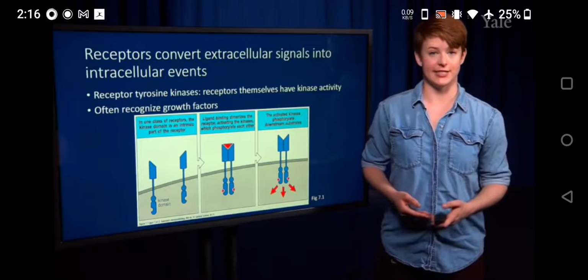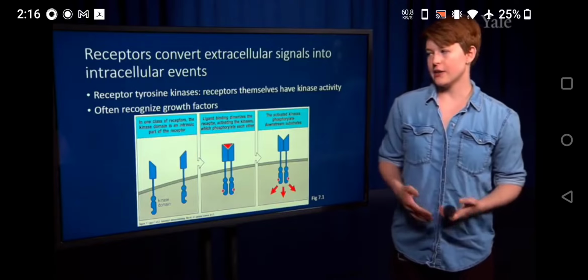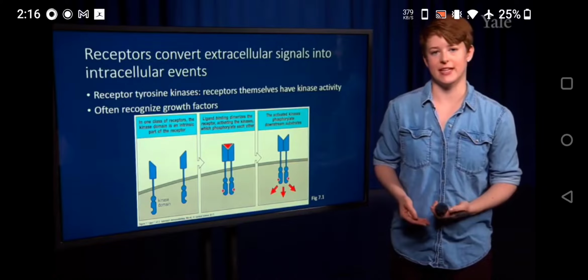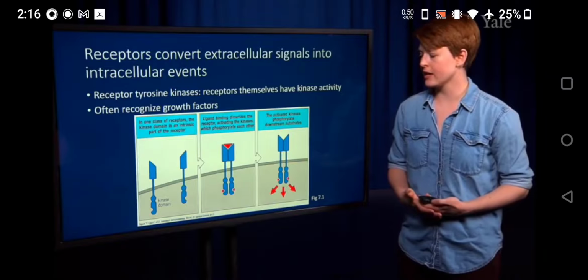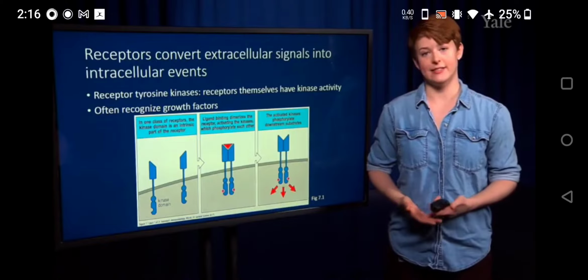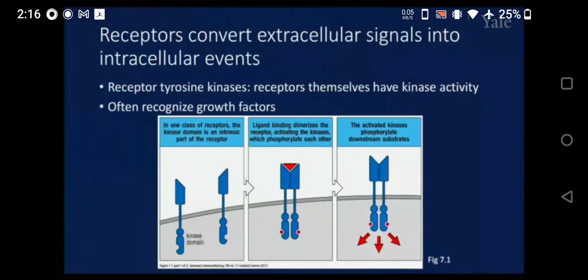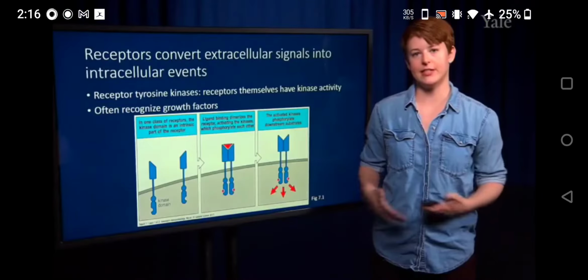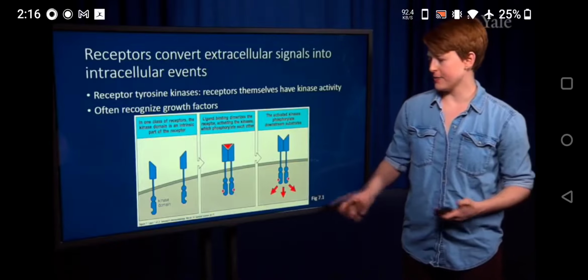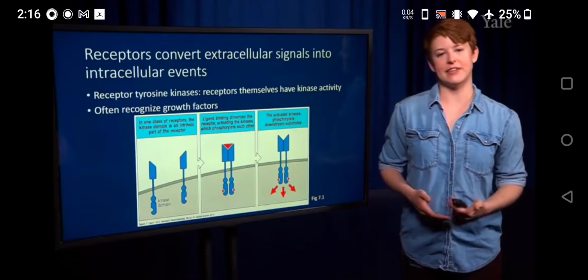A receptor tyrosine kinase is when you have both of these domains in the same protein. So here, when the ligand outside the cell binds to the receptor, this can cause dimerization. This dimerization then allows this kinase activity to occur. The activated kinases will then phosphorylate downstream signals.